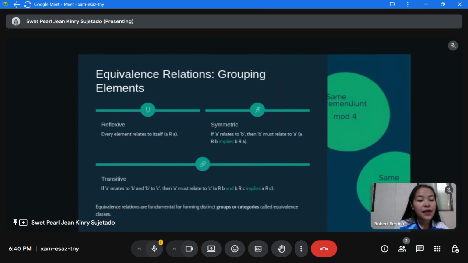Transitive, if A relates to B and B relates to C, then A relates to C. Example, if I'm in the same grade as Robert and Robert is in the same grade as Bia, then I'm in the same grade as Bia. When these three conditions are true, objects form equivalence classes, basically groups that belong together. We'll see this in the first example.